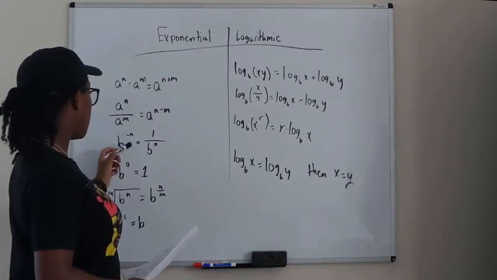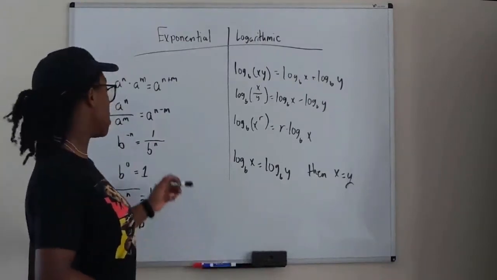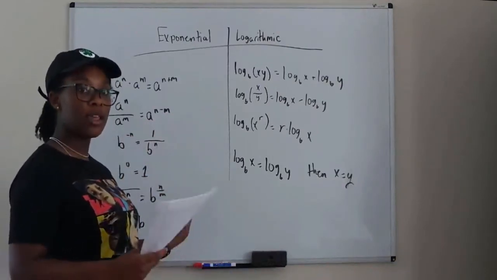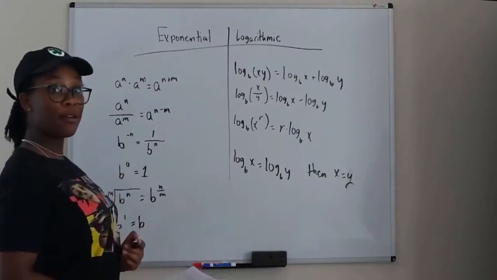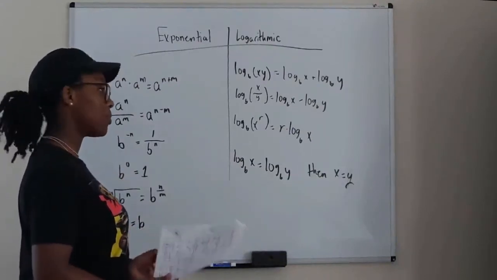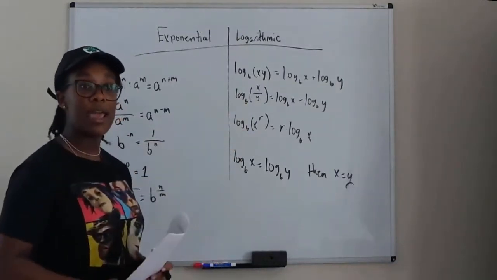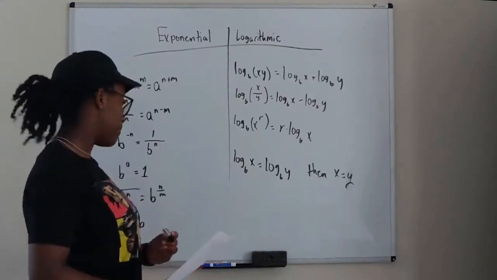Let's say you have b to the negative n. Anything to a negative exponent just gets put under a fraction, so 1 over b to the n, or whatever that exponent was. And anything to the 0 power is just equal to 1. That's extremely helpful if you have a long string of numbers and expressions, and you just see at the end it's all raised to the 0 power, then it's just 1.